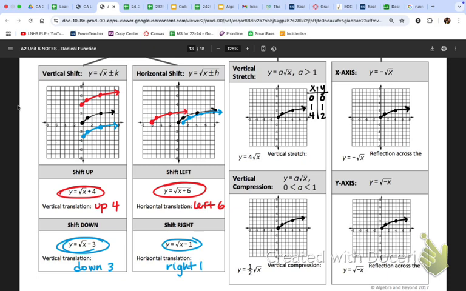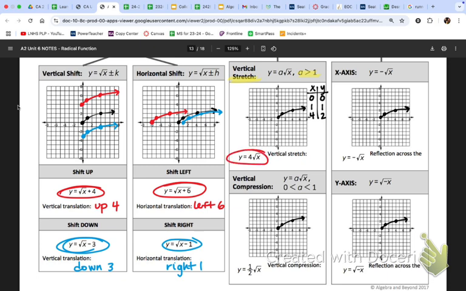Do you remember what you multiply by when you have a vertical stretch or shrink? You multiply the y values. This is a confusing one. Also, just a reminder that it's a vertical stretch if the a value is greater than 1. So in this case, I have a stretch because it's 4, which is bigger than 1.